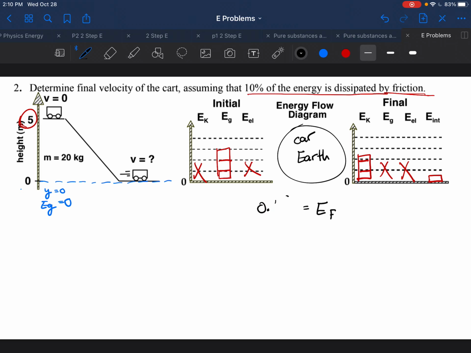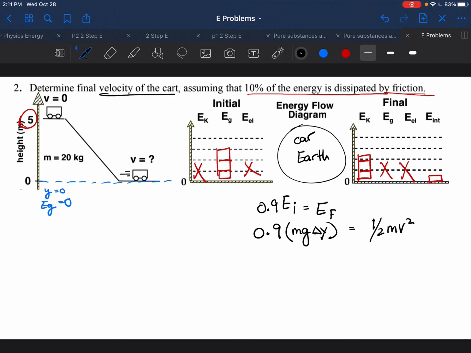So 0.9 of my initial energy. According to my energy bar chart, my initial energy was gravitational, mg delta y. My final energy is kinetic, that's been reduced, and it is 1/2 mv squared.